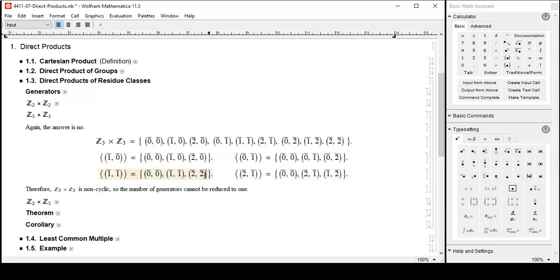For example, (2, 2) is already in there, and then (1, 2) is already in there, etc. Everything is covered. In short, there is no cyclic subgroup of order 9 that covers everything. So Z3 times Z3 is not cyclic, so the number of generators cannot be reduced to 1.